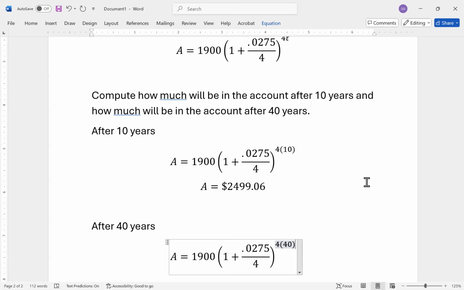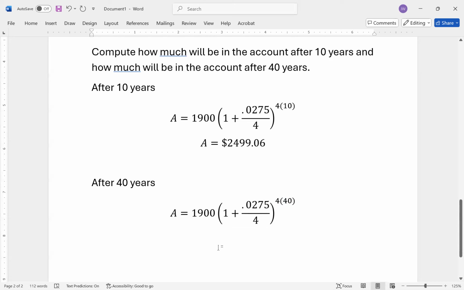When I did that on my calculator, I ended up getting $5,686 and about 47 cents.